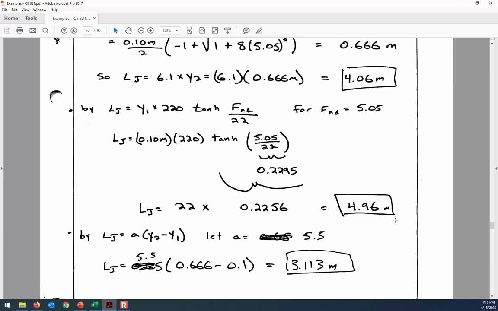Now these can be physically measured out in the field, but the reason why we would want to predict the location of the jump and its length is that sometimes you have a hydraulic jump setting up after the spillway on a dam, and there could be a whole range of different flow rates going over that spillway.